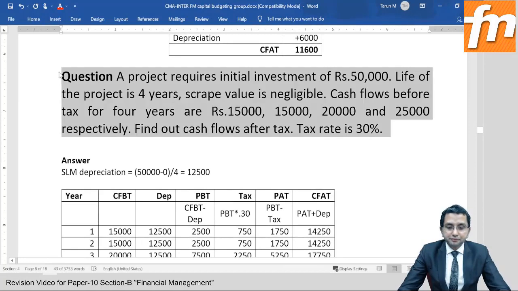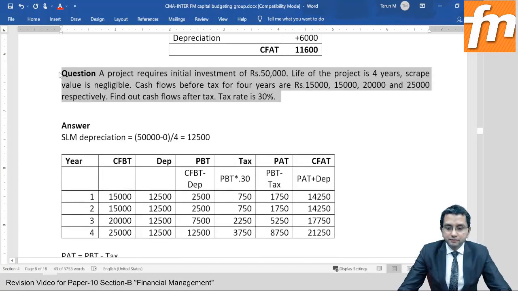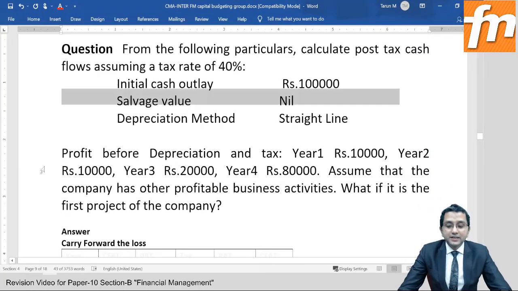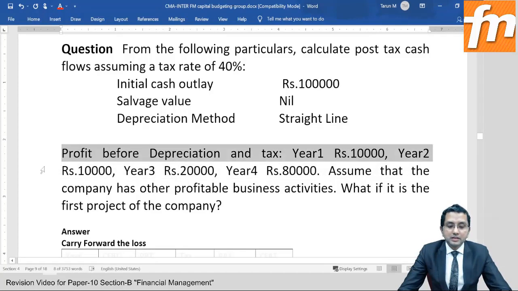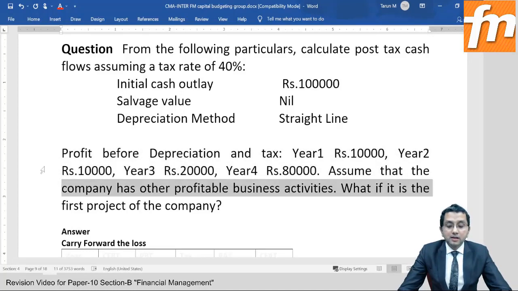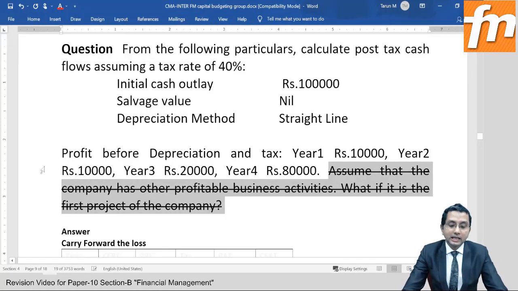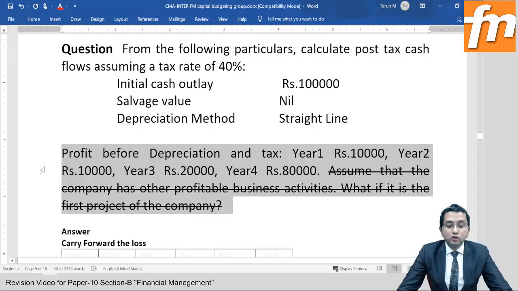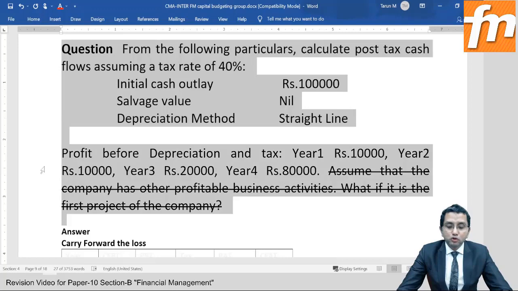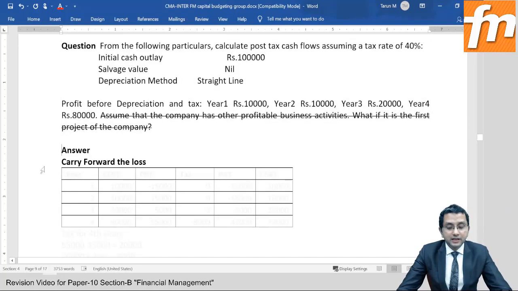So in this question, these 4 figures of 10,000, 10,000, 20,000 and 80,000 are nothing but CFBT. Assume that the company has other profitable business activities. This paragraph I'll deal with later. So I know CFBT, I know the rate of tax, and I'm supposed to calculate CFAT.